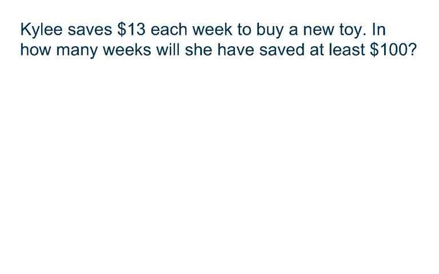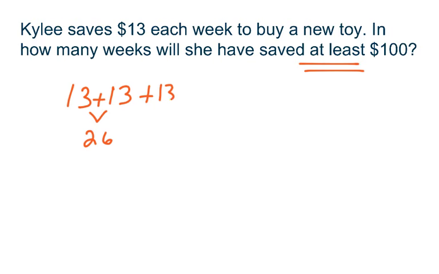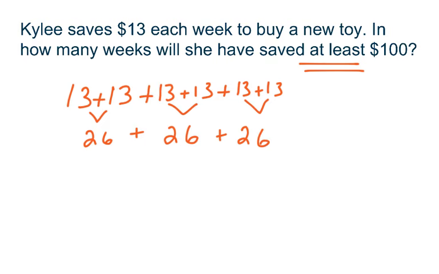Maybe you did repeated addition, so we'd have 13, and we want to save at least $100, so we need to go to at least 100. 13 plus 13 gives me 26. Maybe if I add another 13 plus 13, that gives me another 26. If I add those together, I'm left with 52. So maybe I add another 13 plus 13, that gives me another 26.